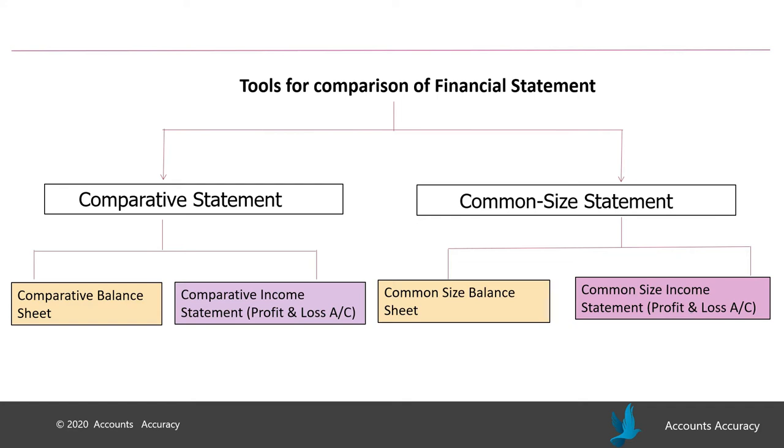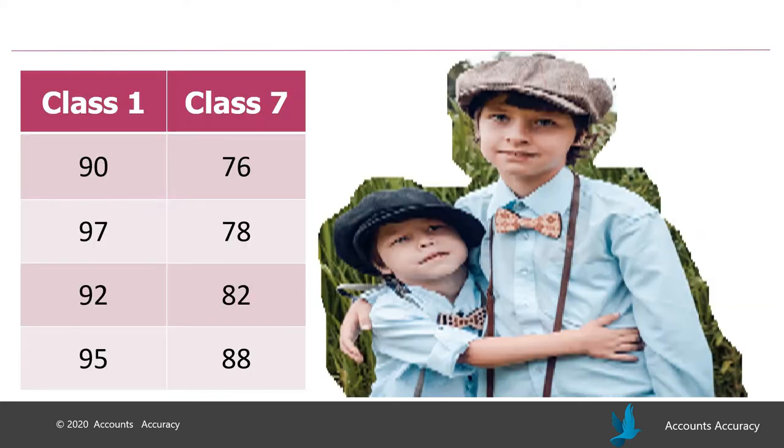Now in common size income statement as well as the balance sheet, one thing you have to remember is that you don't have to find out the difference. Let us see it with an example. Suppose there are two brothers, one reads in class 1 and another in class 7.